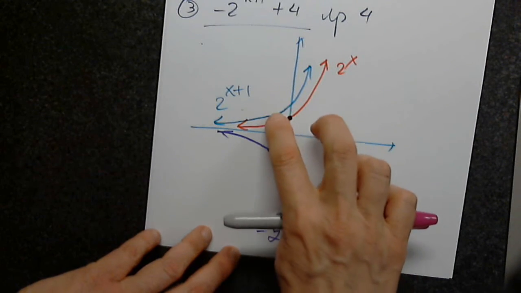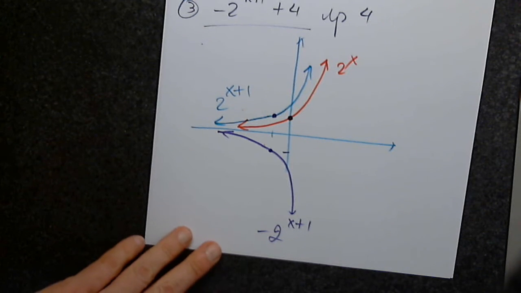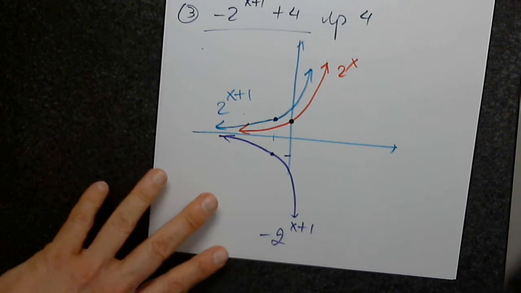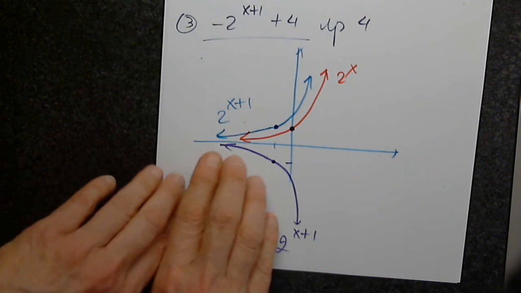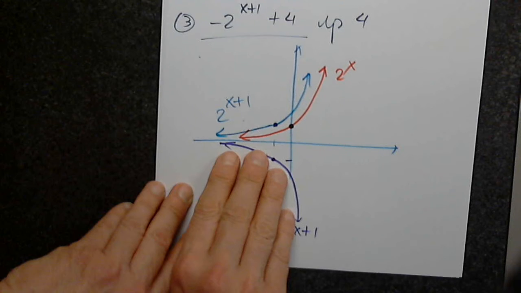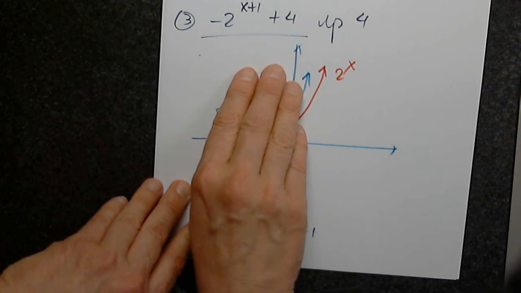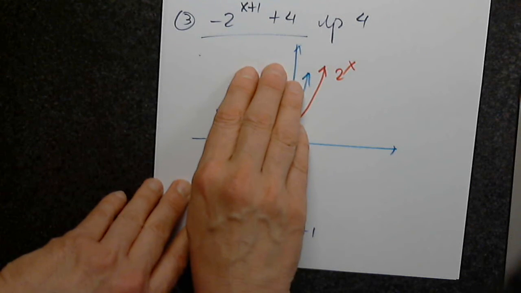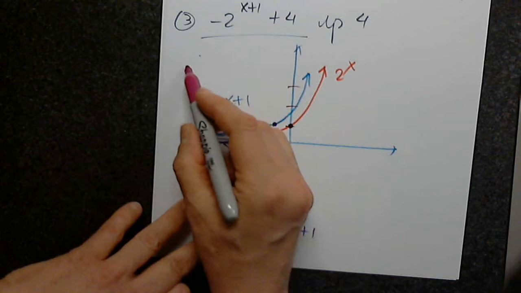Can you please identify for these 3 functions, what is the horizontal asymptote? Y equals 0. Excellent. But now, when I take this purple graph and I move it up 4, where does its horizontal asymptote move? Up 4 as well. So 1, 2, 3, here it is.